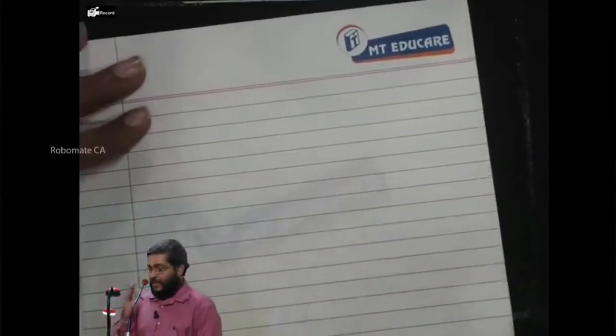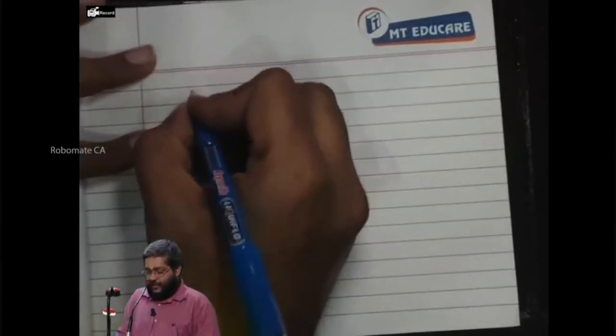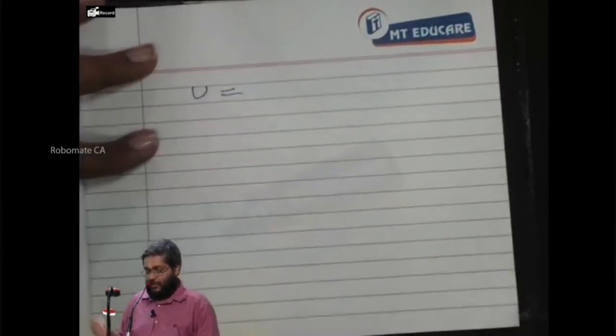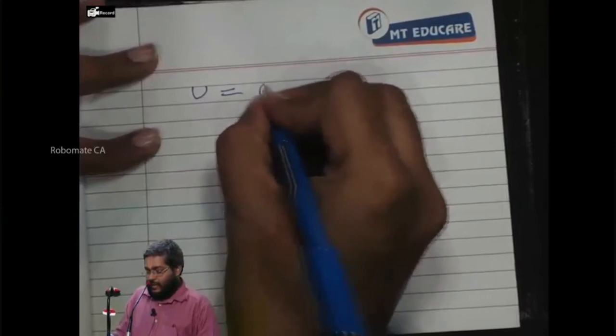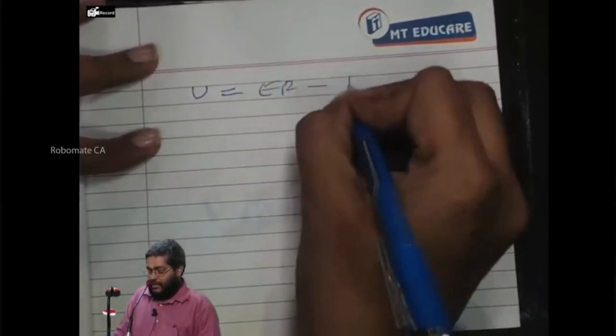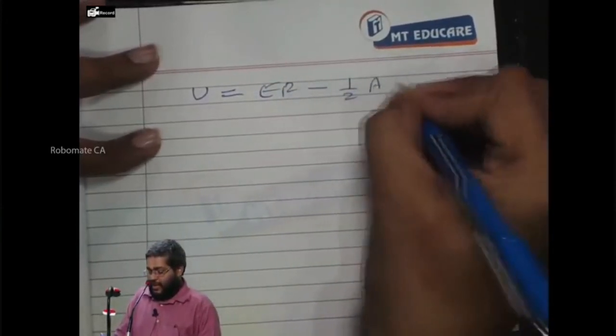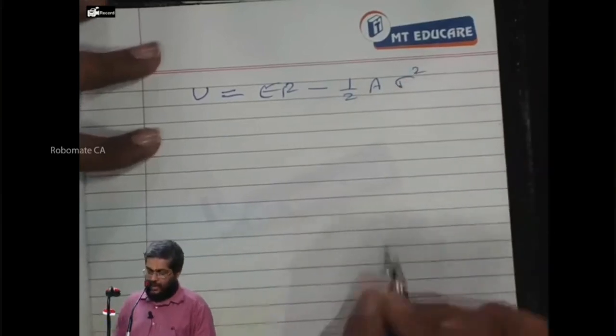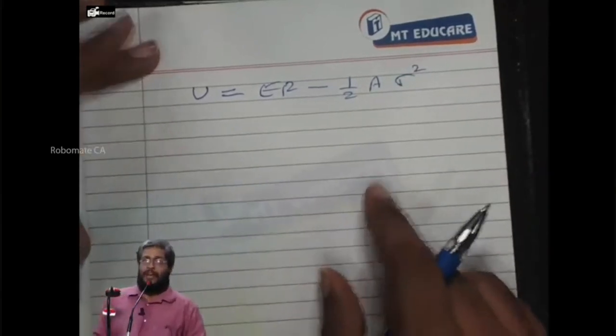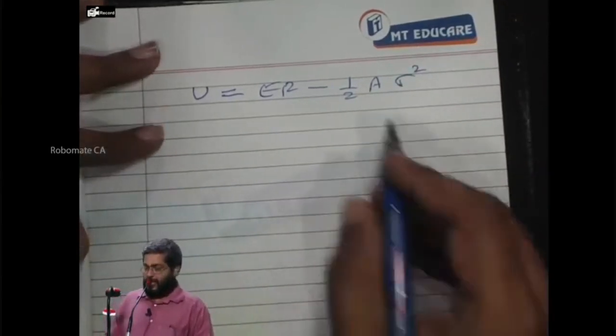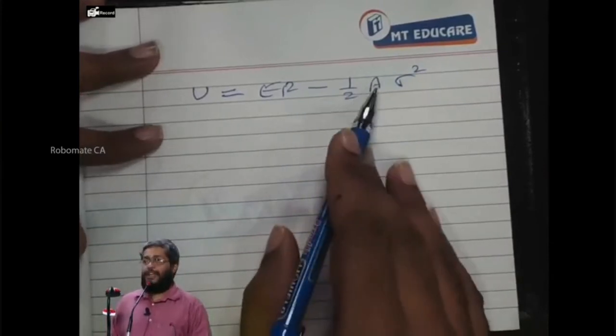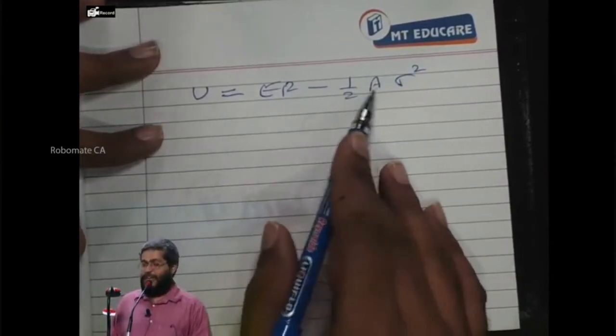Now, next. Please write the formula. U is equal to ER minus half into A into sigma square. Some books write half as 0.5 into A into sigma square.